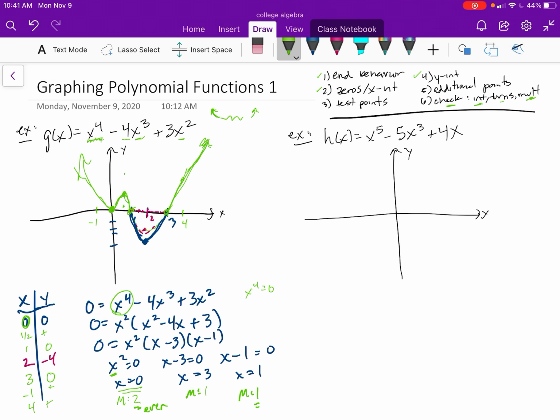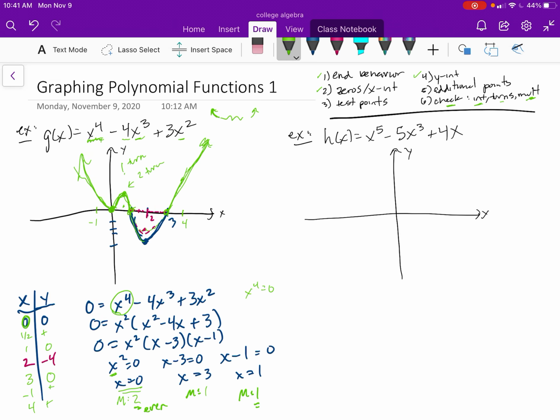Because it's a 4th power, the most it could have is 3 turns. Now what does that mean? That means decreasing to increasing would be a turn. Increasing to decreasing would be a turn. So this graph is heading down and then it heads up. There's 1 turn. All right, then it increases to decrease. There's another turn right there, right? Second turn.